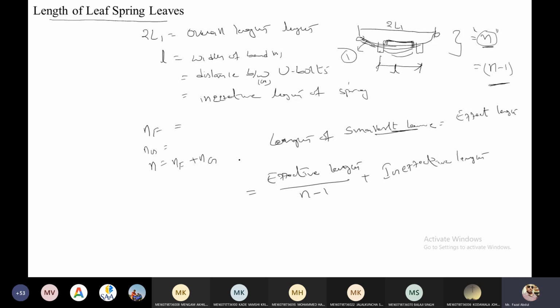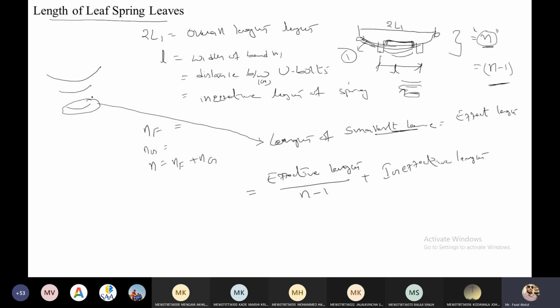Okay. Length of the next leaf. Suppose three leaves are there: one master, two graduated. So first one is the smallest leaf, and the next leaf is this one. See here, this is the master leaf, this is the middle, and this is the lowest. Just now we calculated the length of the smallest leaf, this one.